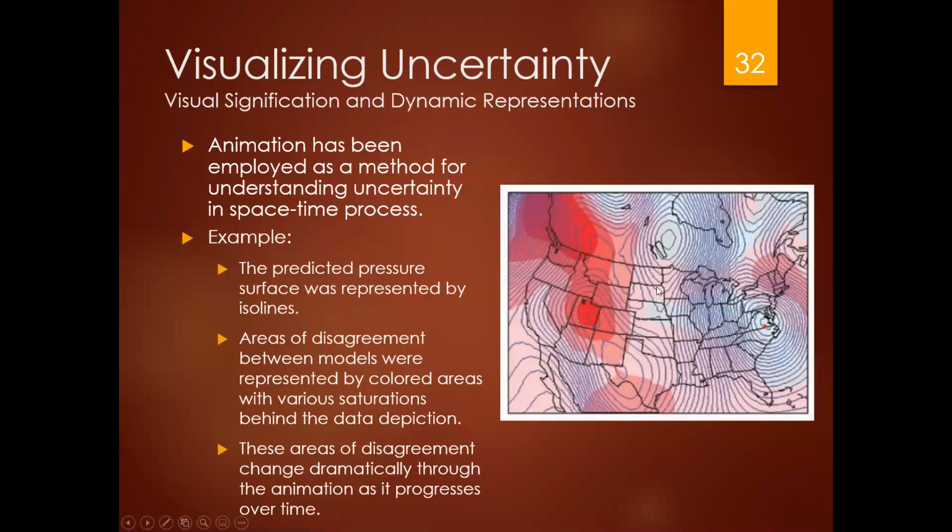If you list multiple frames, order them by time and show them one by one quickly, you will have an animation. For this specific frame, it's a prediction of the pressure surface at a specific time, and at this time, the saturated areas are for disagreements between models.